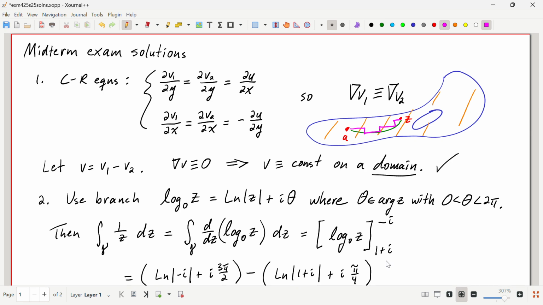It'd have the same value at Z that it has at A. That was the key to that argument. But you could just quote that as a fact. If the gradient of V is equal to 0 on a domain, then V is constant. Messing that up was worth 5 points.